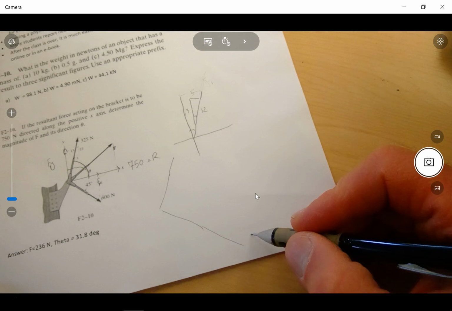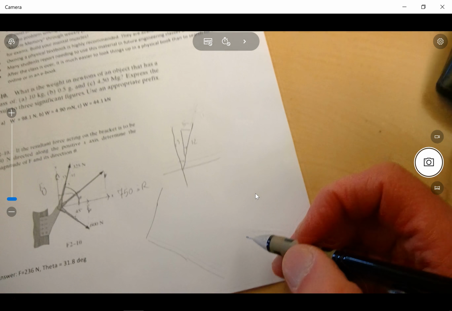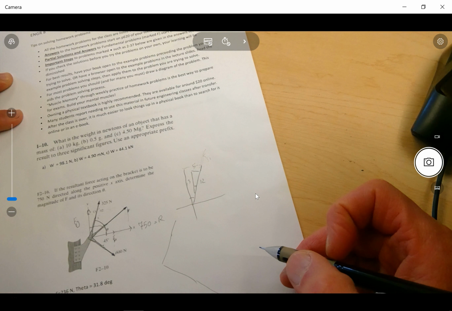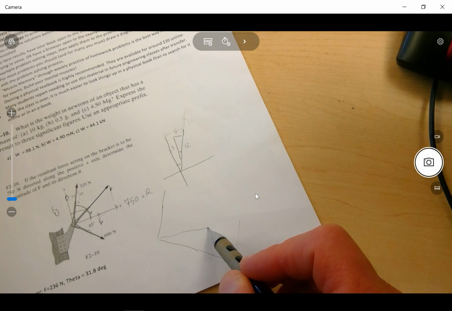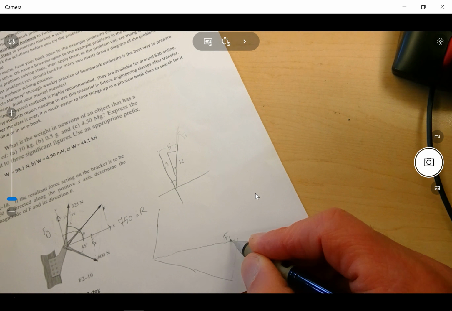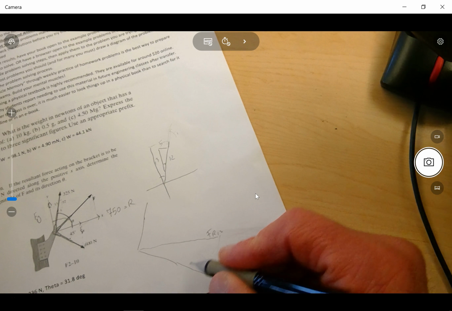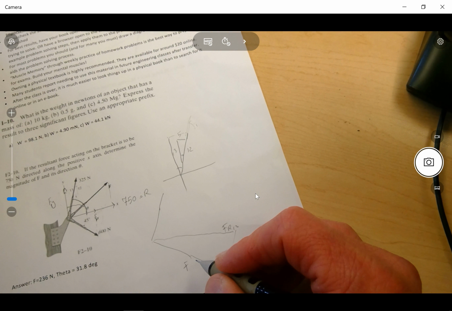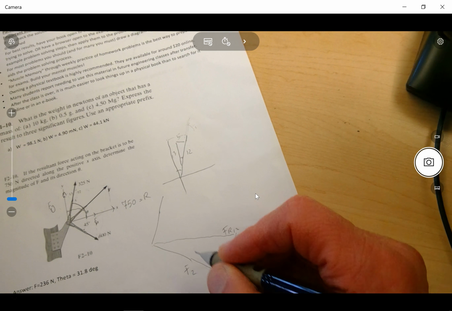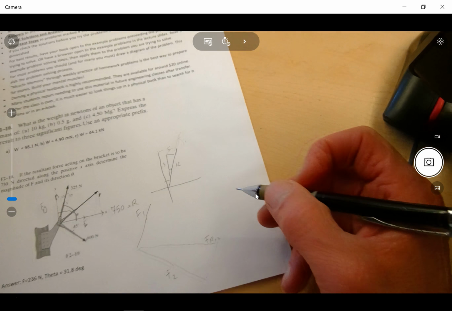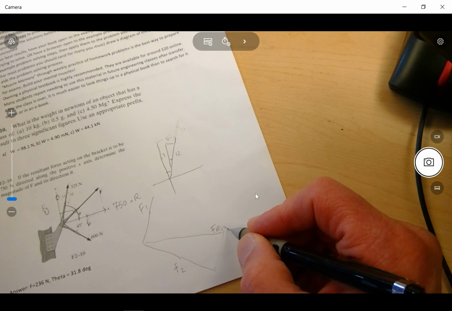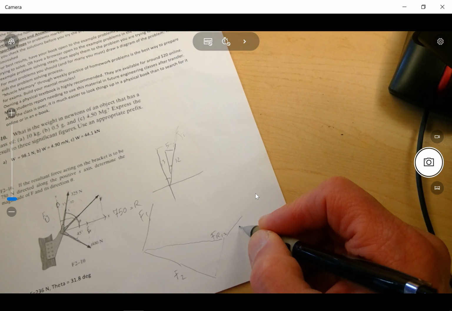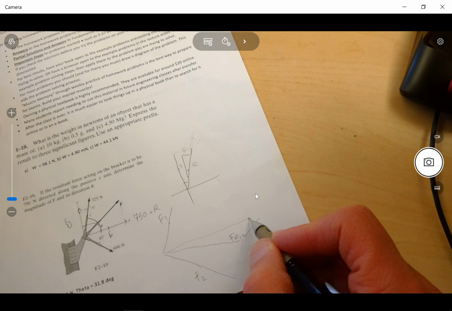That puts you down here if you add this using this. I'm just sketching it out visually. So this is FR for 1 and 2, I'll call it. They're not even labeled, but this will be F2 and this is F1. But you have this third F here, and this F is what you have to add to it so that you end up here at 750.